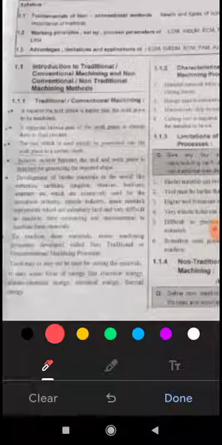What are the properties of traditional machining? It requires the tool which is harder than the workpiece to be machined. This is the must thing.